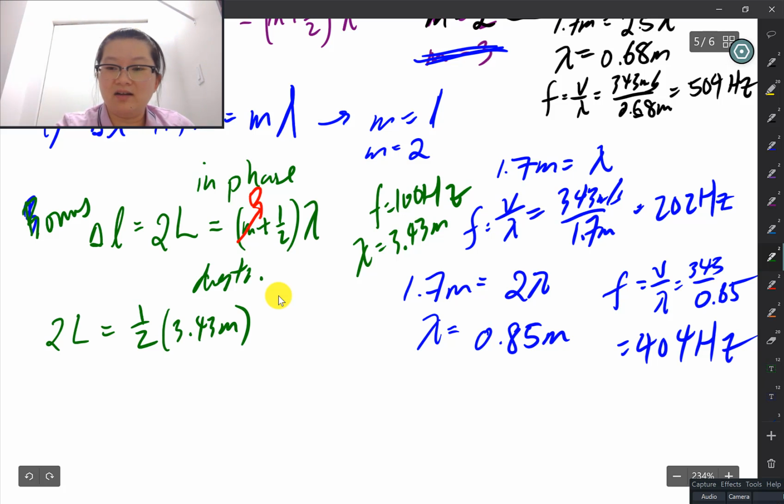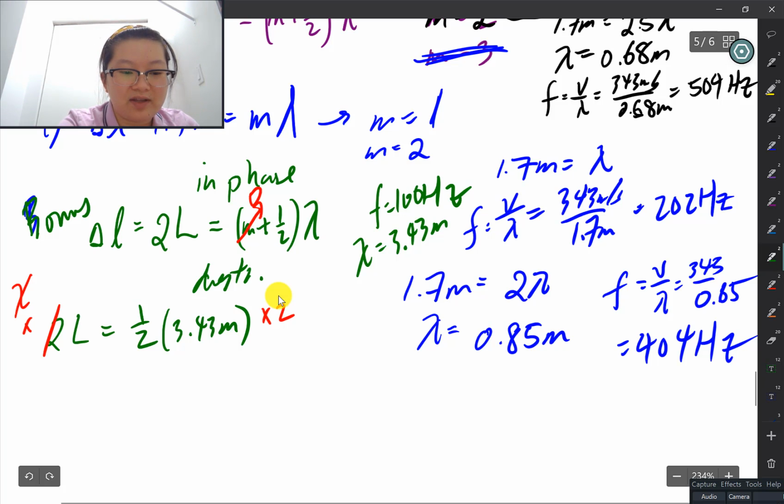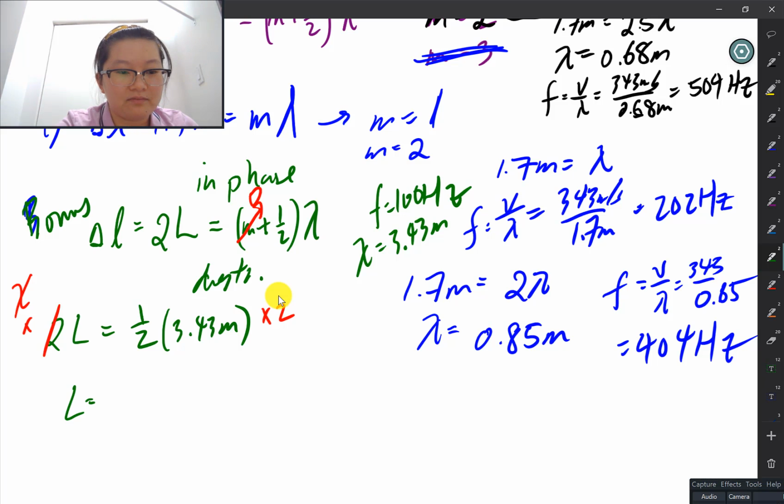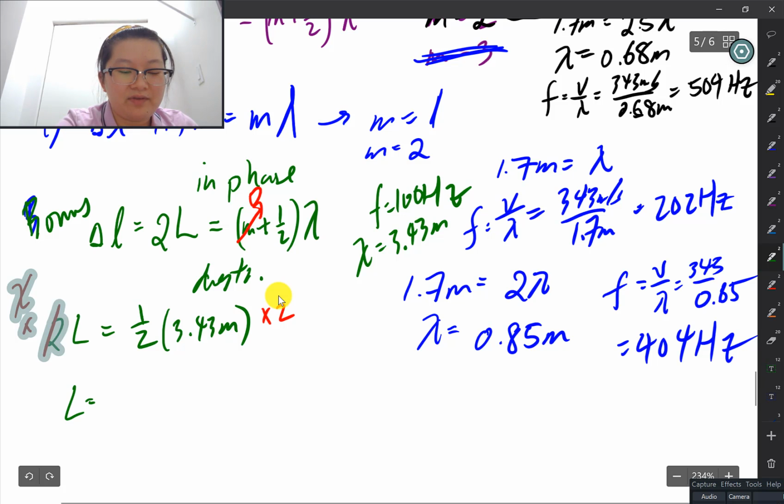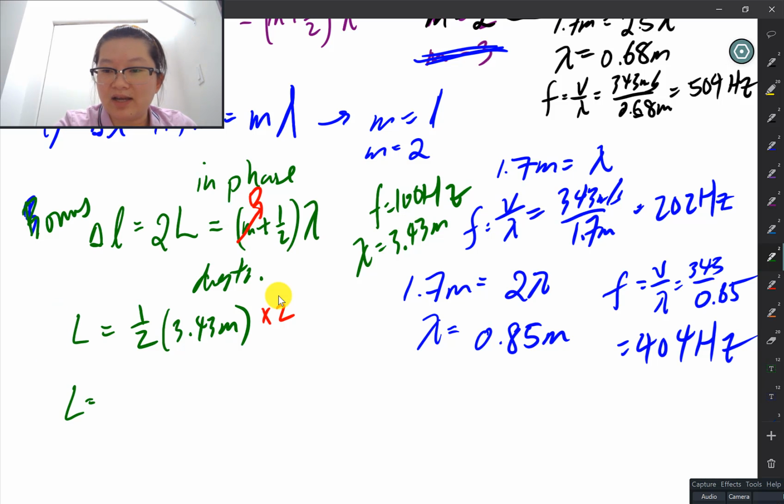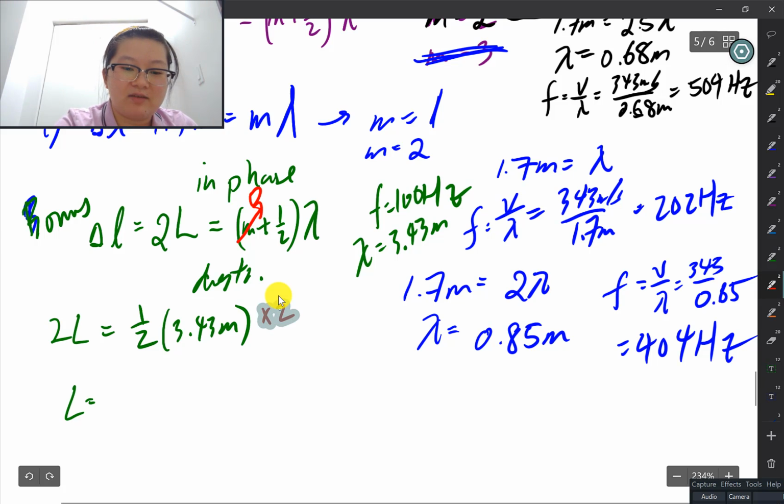And to find the L, all we have to do now is to multiply both sides by 2. So this cancels out, and we're just left with L is equal to, hey, take a look. Oh, my bad. Did some silly math here. We need to get rid of the 2 in front of the L, so we're going to have to divide both sides by 2. My bad, I'm just getting ahead of myself. Divide this side by 2, divide this other side by 2 as well.